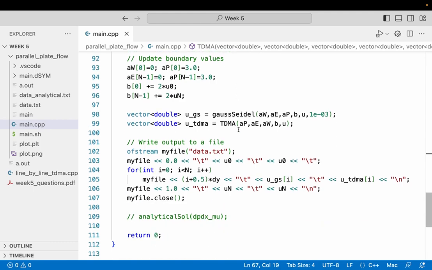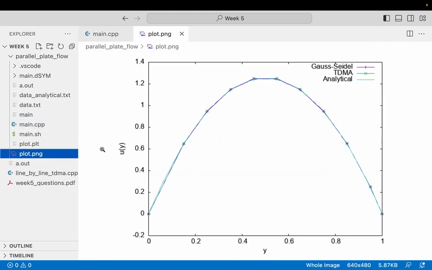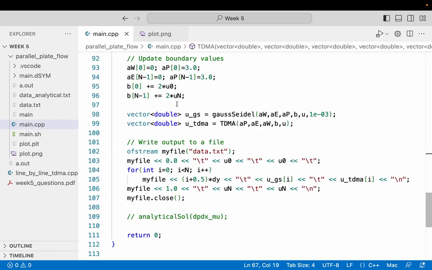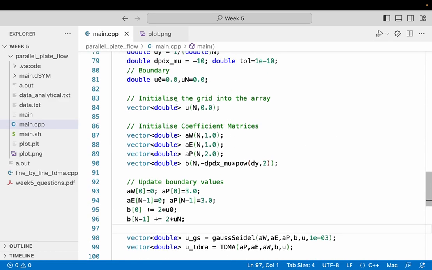Now if we compare this with the analytical solutions, initially everything is converging. This is for n equal to around 10 points. This has converged for the same tolerance.